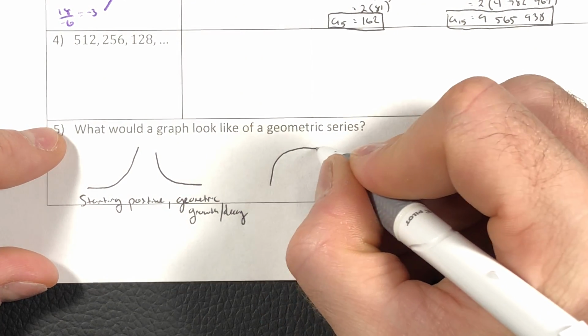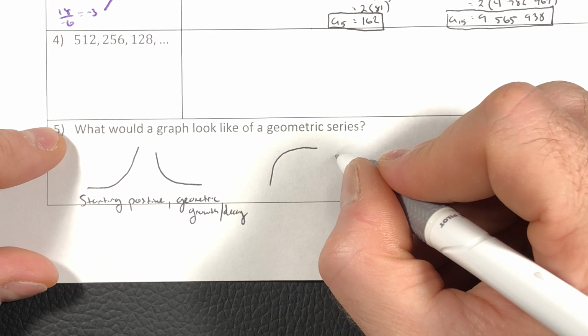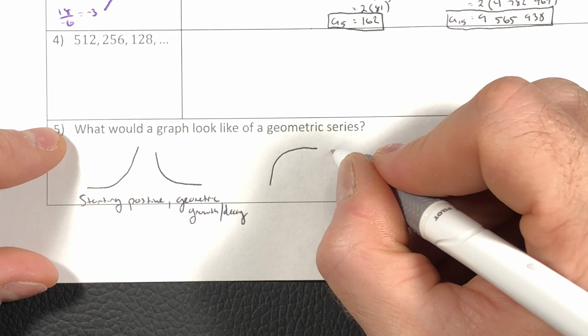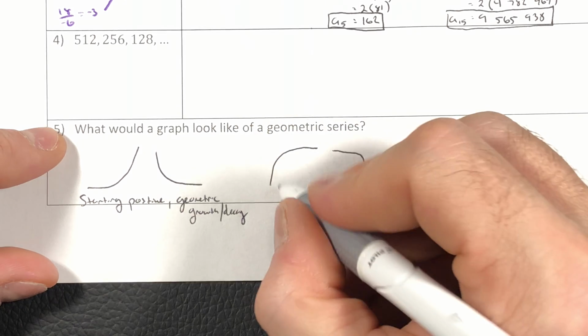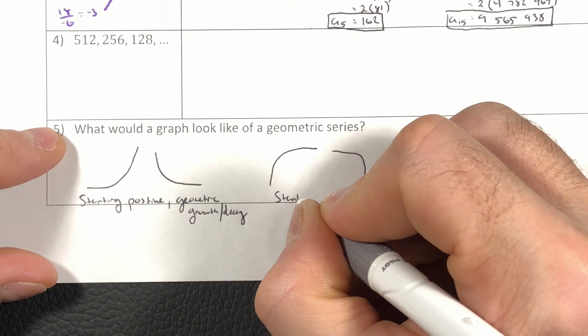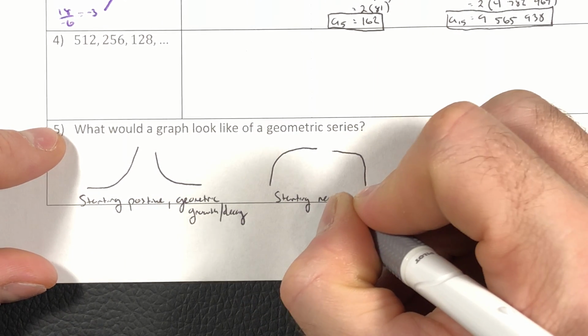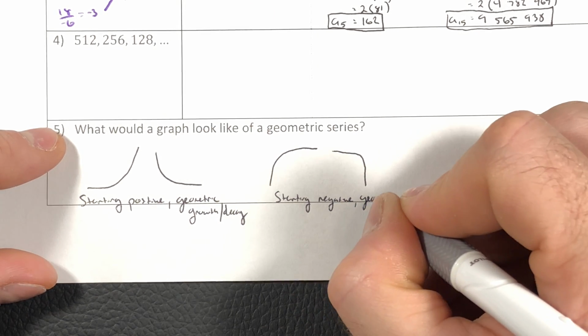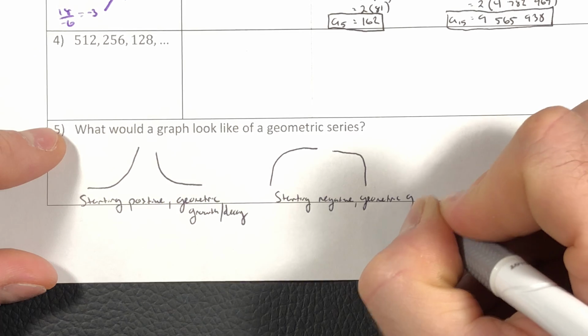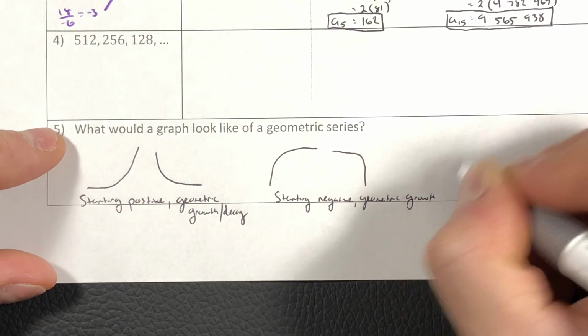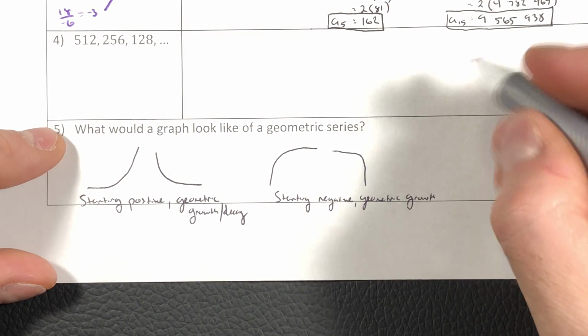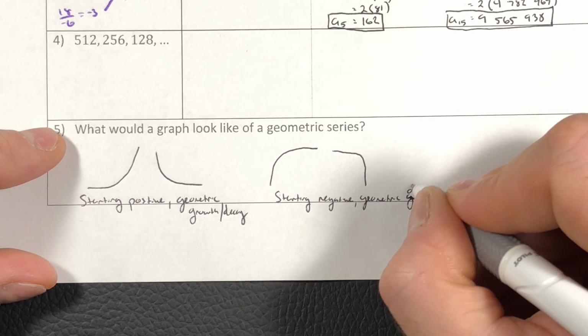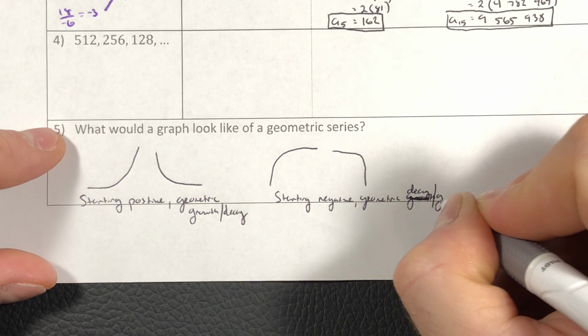We have starting negative, with geometric growth. Actually, the first one is decay and growth.